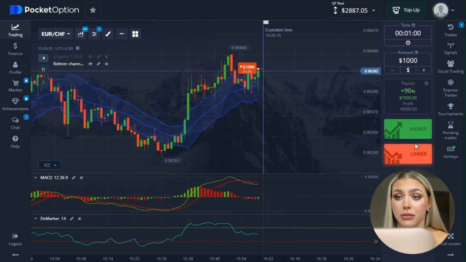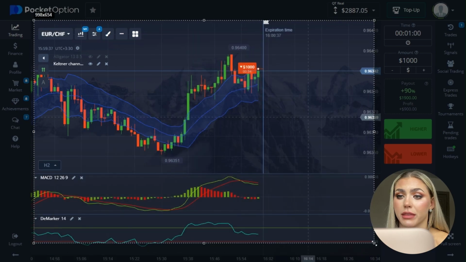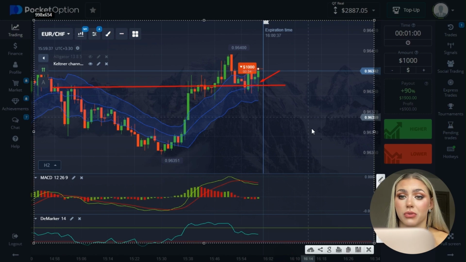Let me explain the reason for these fluctuations. So when the price was at this point, at the middle line of the Keltner channel, I expected a breakthrough of the support level and increased the time to 3 minutes. And after the breakthrough, the price was supposed to drop to the lower edge of the channel, in my opinion. But since there was a sharp correction upwards, I opened a deal at the upper edge of the channel, essentially at the peak.